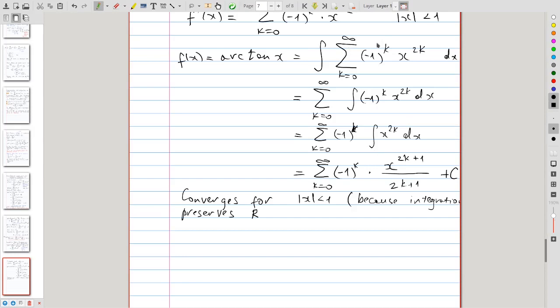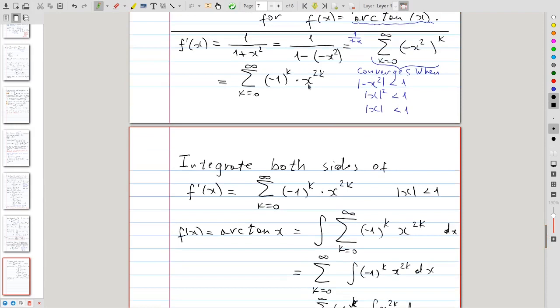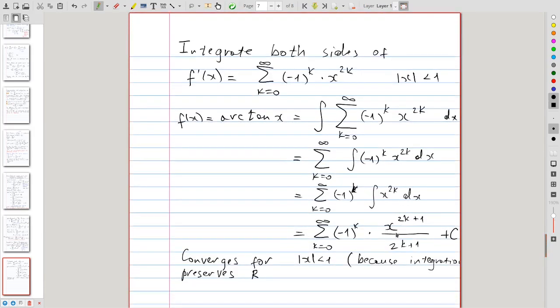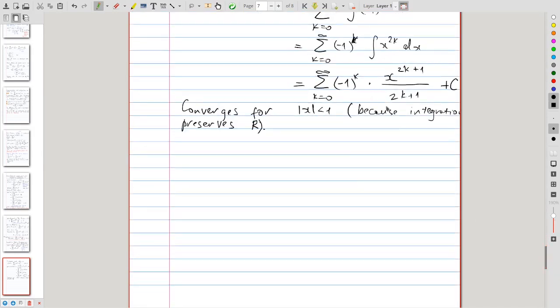And we started with the power series centered at 0. This power series here is centered at 0, and it has radius of convergence 1, obviously, from this inequality. So then, once we have integrated it, we again have a power series centered at 0 with the radius of convergence equal to 1. So this is the exact interval of convergence. Again, we are not saying anything about the endpoints. So this series may still converge at the endpoints.